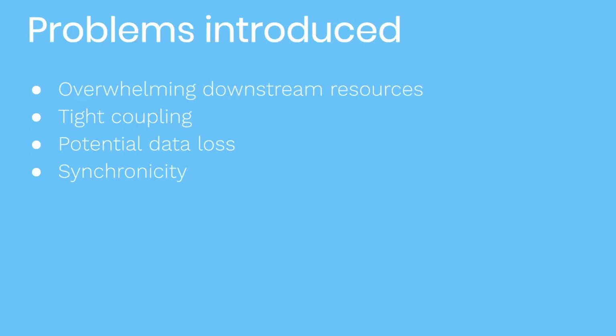Also, we want to be working with the event-driven model rather than against it. So if we hold the connection open to the webhook producer while we open a connection to MongoDB, process the payload, write the document to the database, and then finally respond to the producer, then we're really undermining that concept of the asynchronous consumer, which is one of the major benefits of an event-driven architecture in the first place.